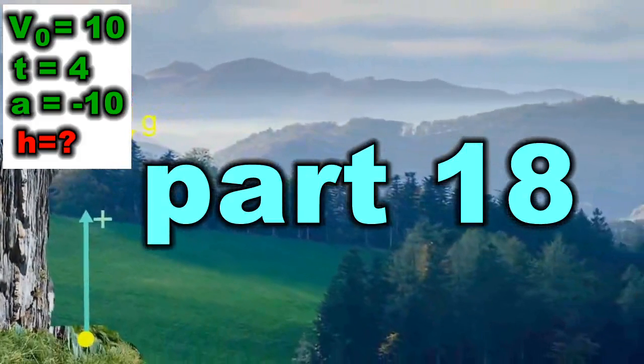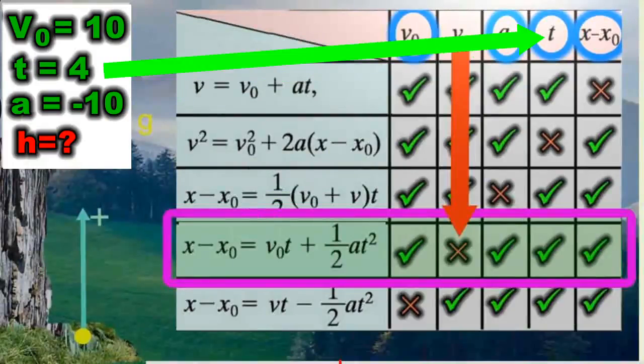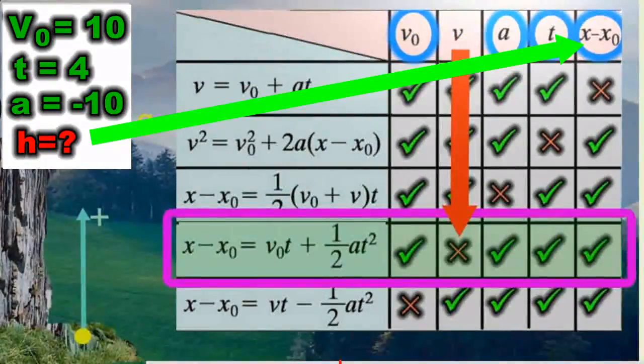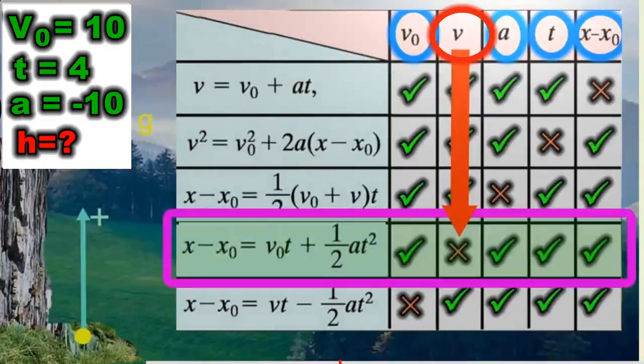Now we use the part 18 method. We have the initial velocity, acceleration, and time. We want to calculate the displacement, so there is no need for final velocity in this question. The appropriate formula is determined.